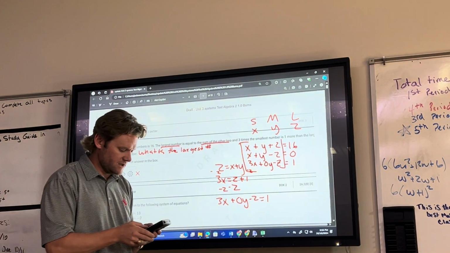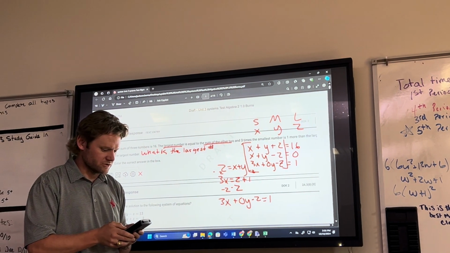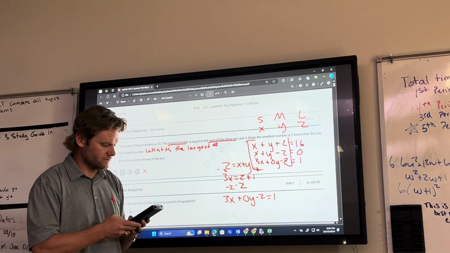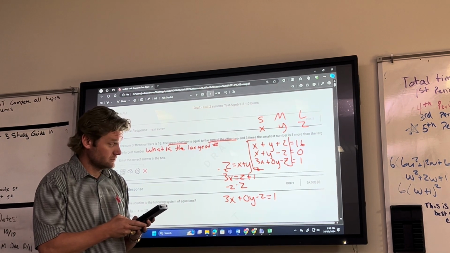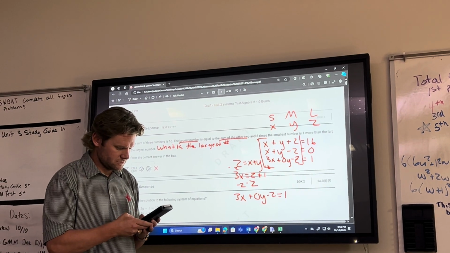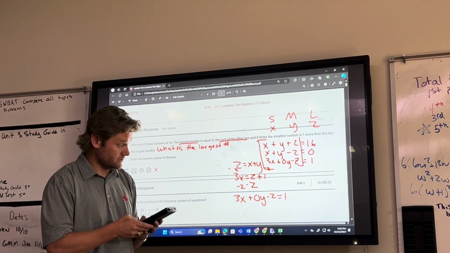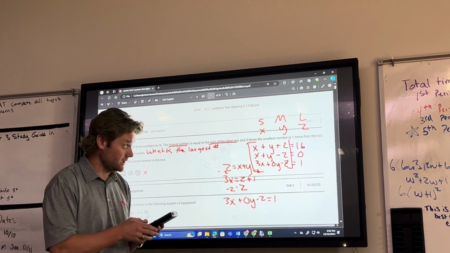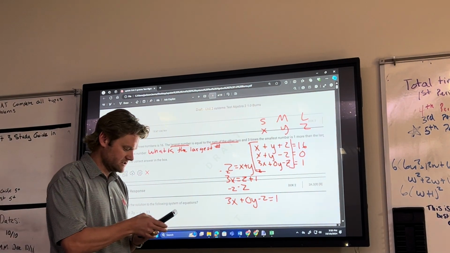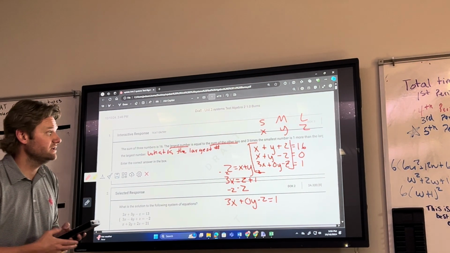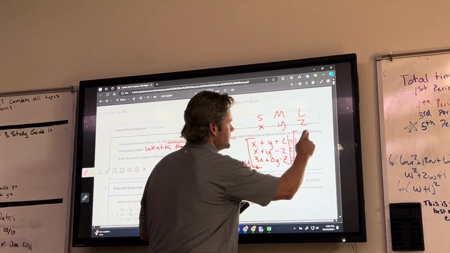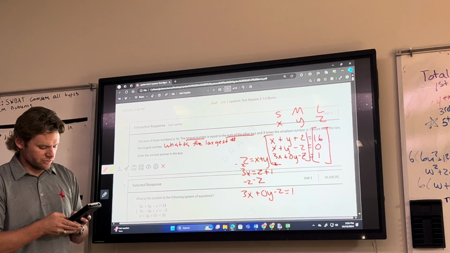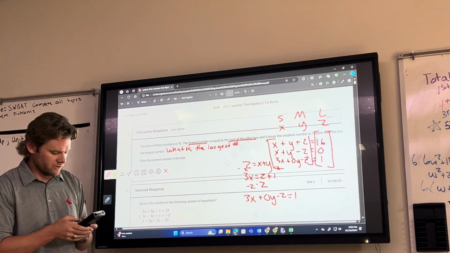That'll be your matrix A. So second matrix, edit your B matrix. That's your solution matrix or your answer matrix. It's a 3 by 1. All right, so 16, 0, and 1.